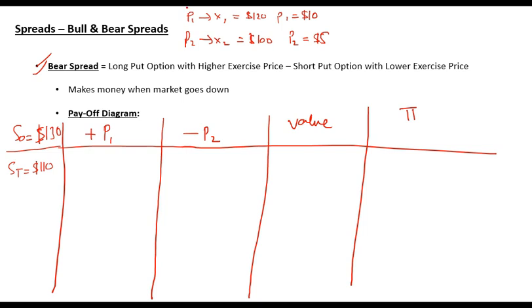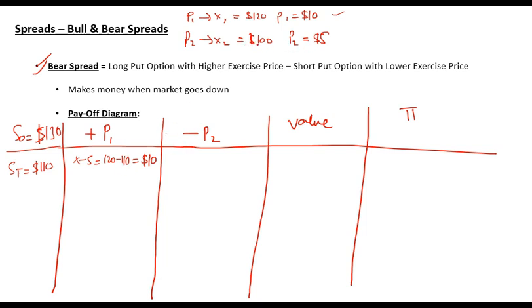The put option gives you a right to sell at $120. In the market it is selling for 110. So that means you will benefit. What is the value from this put option? Value will be X minus S, which is 120 minus 110, which is $10.